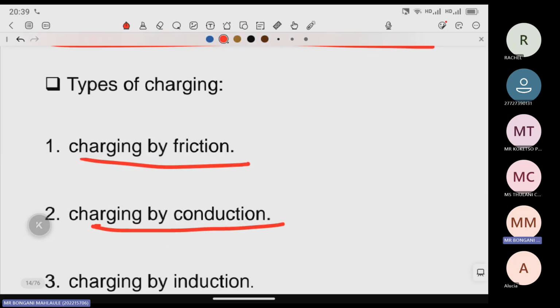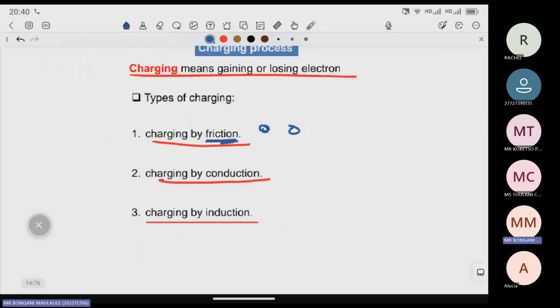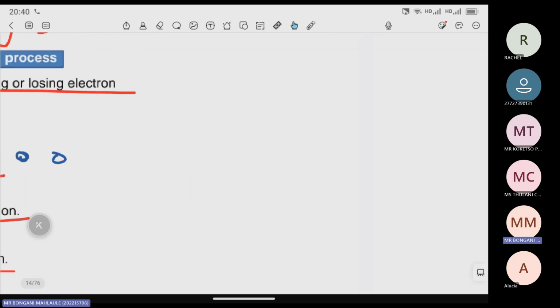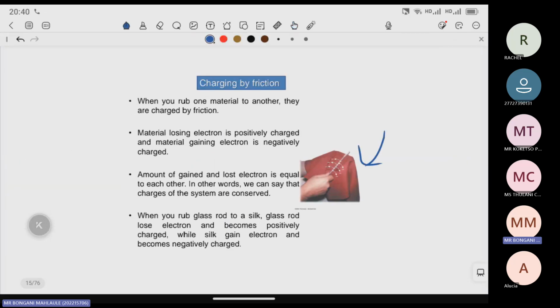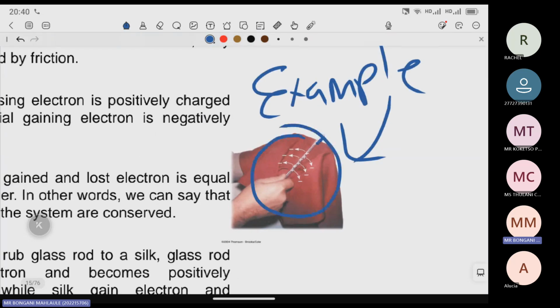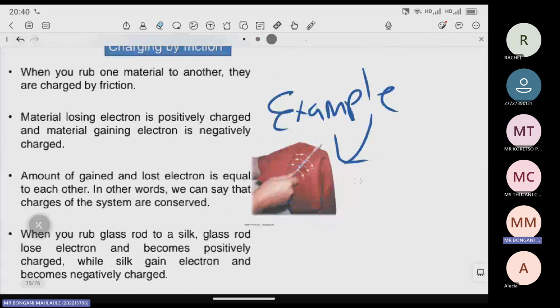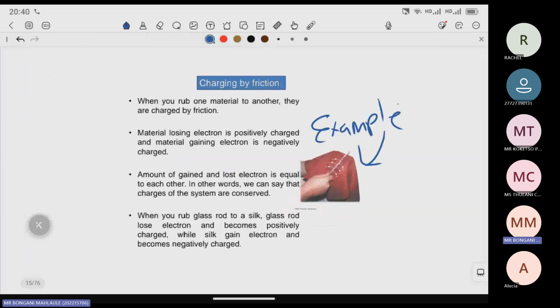With friction, you are applying friction between two materials. And with conduction, I think it has to do with heat. Let me see. This is an example, a diagram. This is silk, and this is a rod. This one is an example of charging by friction.